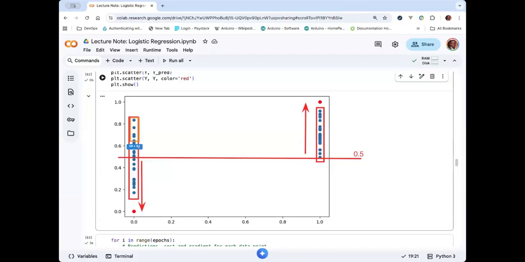So all of these values will give you a very high cost score, a very high loss value, because these are far away from 0. But even these ones that look like they are looking good, they're not really that good, because as it is, they are still sufficiently far away that they will not make a good prediction. Even these ones too are so far away, they will not make a good prediction.